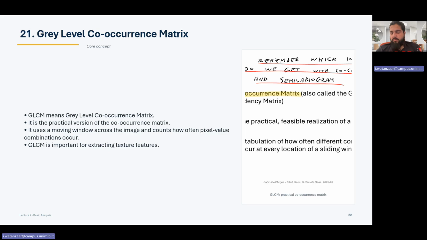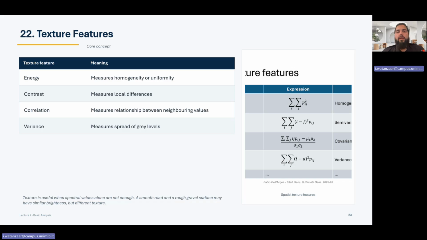We have discussed spatial analysis, spatial continuity, the need for semivariance, the semi-variogram, the co-occurrence matrix and its practical application, GLCM. Now we are discussing some of the texture features and their meaning. Energy measures homogeneity or uniformity, and contrast measures local differences. This is what we are doing in the texture features.